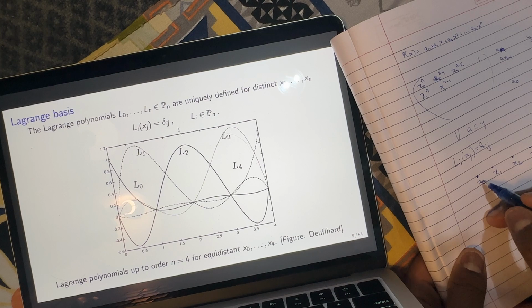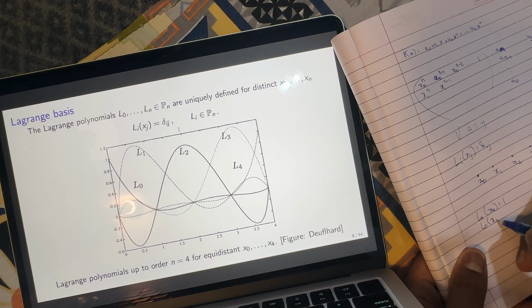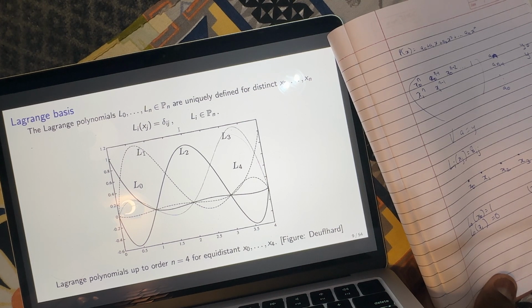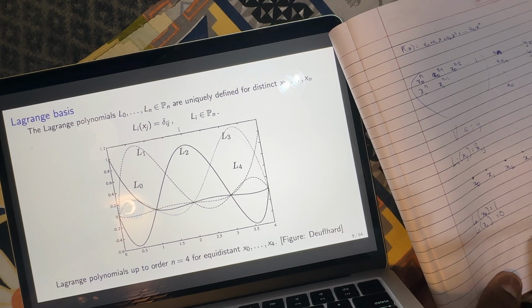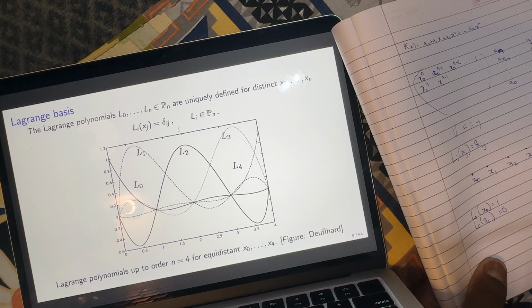So the Lagrange polynomial L0 is supposed to satisfy L0(x0) is 1, L0(x1) is 0, and so forth. So it's definitely (x minus x1)(x minus x2)(x minus x3), and at x0 this has to be 1, right?